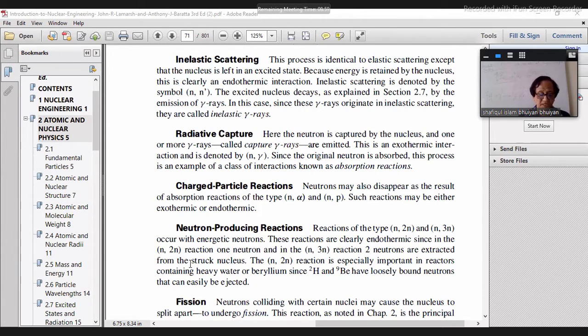So we have these charged particle reactions and neutron producing reactions. This is very important, and please study it. We will have to study it more, and we will have lots of other material then.